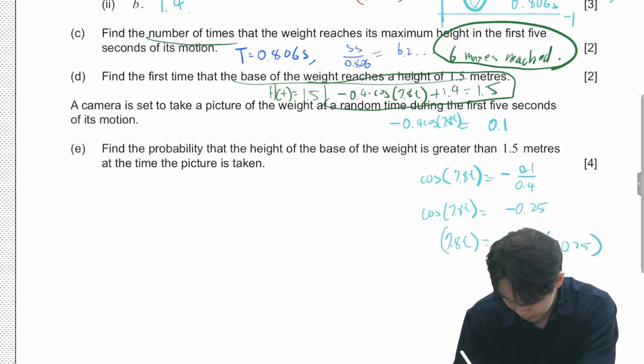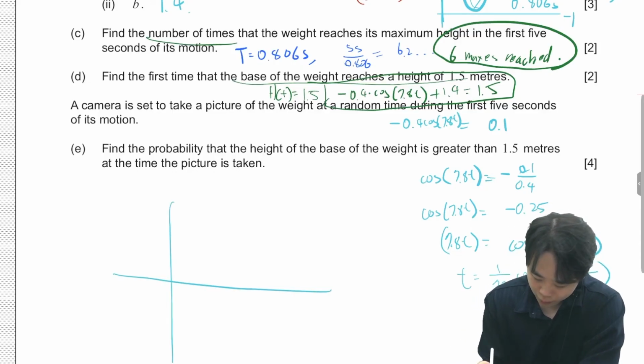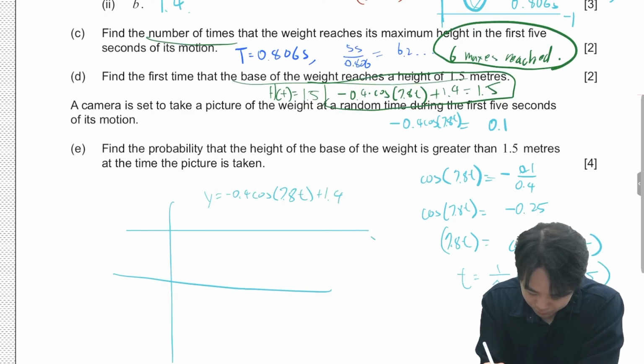Then t is 1 over 7.8 times cosine inverse of negative 0.25. You can either do that, or you could plot out the original equation as y equals negative 0.4 cosine 7.8t plus 1.4. You could also graph y equals 1.5, and find the appropriate intersections.